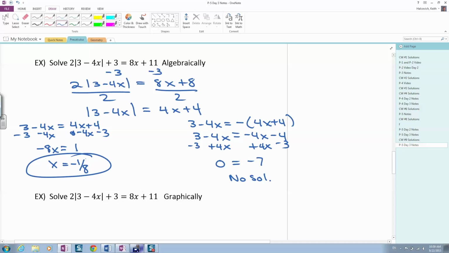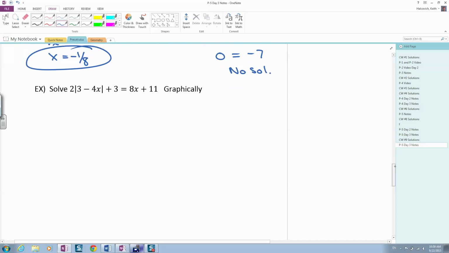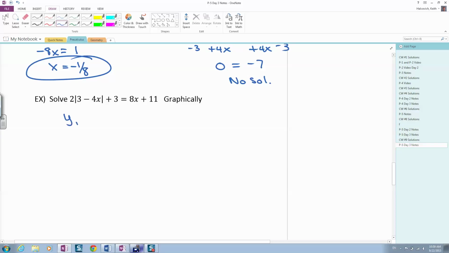Now graphically, when I do this, y sub 1 is equal to 2 times the absolute value of 3 minus 4x plus 3. Y sub 2 is 8x plus 11, which means your y sub 1 is going to be a V, and your y sub 2 is going to be a line.